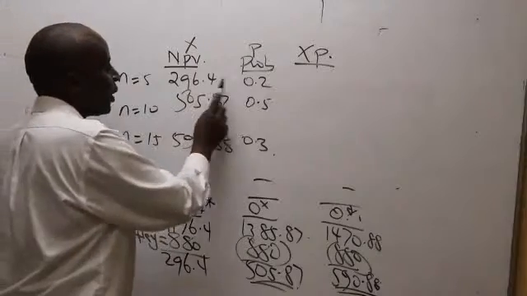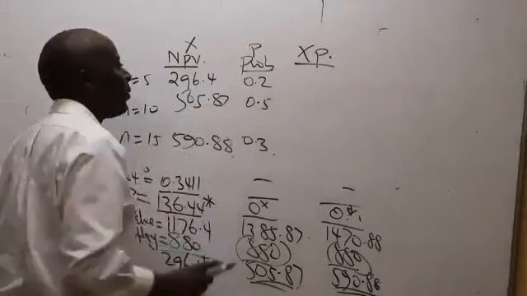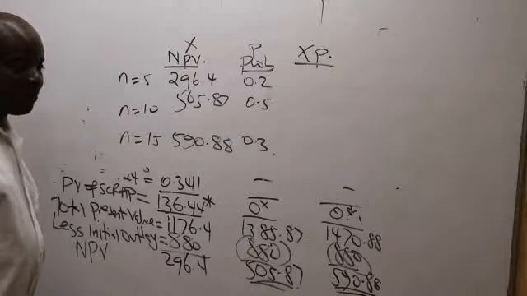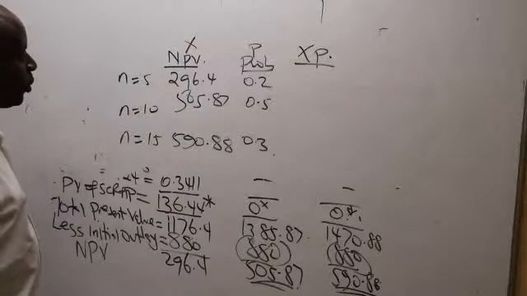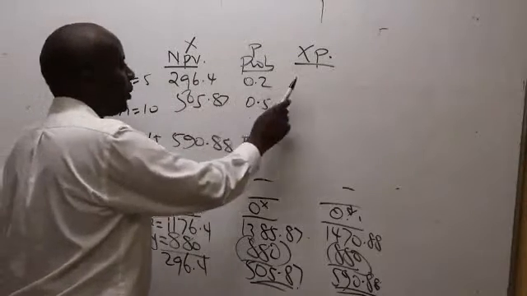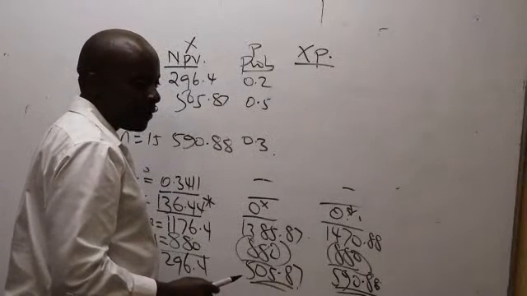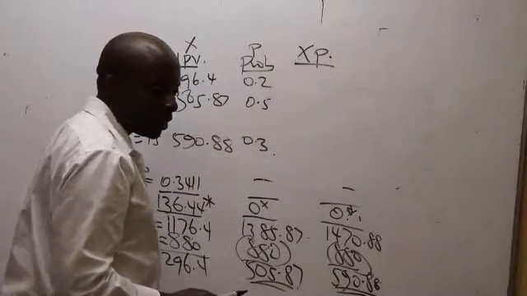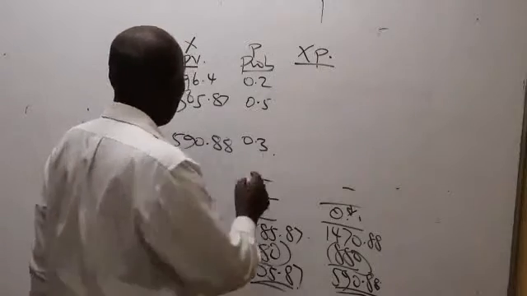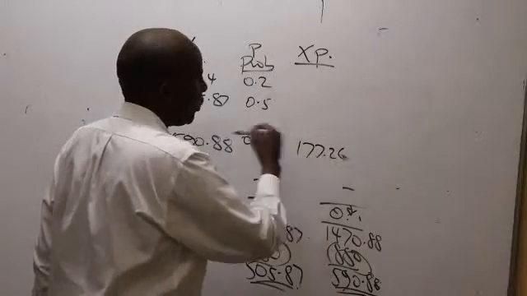So we have this, and this will end up giving me what figure? 296.4 times 0.2 gives me what figure? Please give me a figure here. So the first is 59.28. Thank you very much.